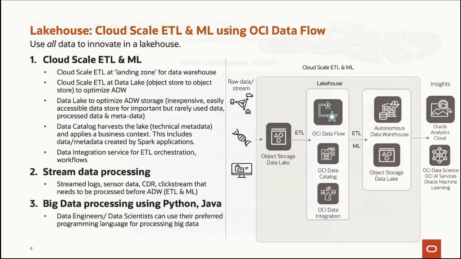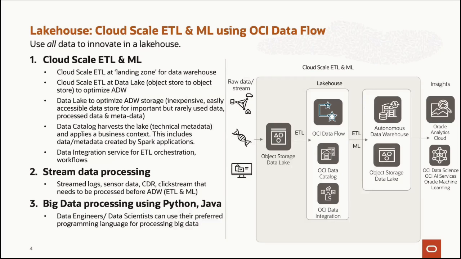So a little more on the Lakehouse. In a Lakehouse, we combine the architecture of a data lake and a data warehouse so that you can get the best of both worlds. You may prefer to have your raw, unstructured or semi-structured data in the data lake, processing it there before you put it in the data warehouse.